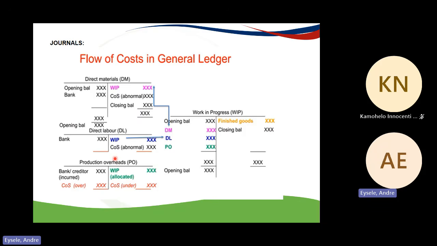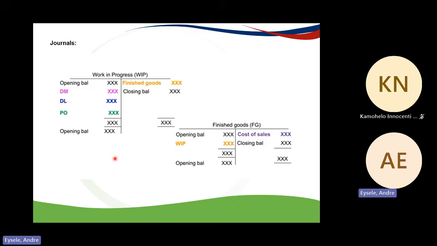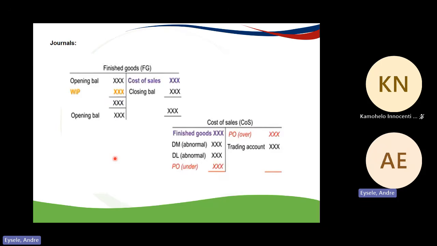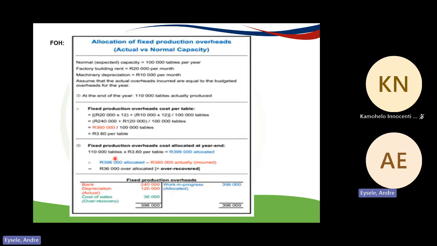It's just to explain how you take your direct material and direct labor to WIP, your production overheads to work in progress, then you get your finished goods allocated to cost of sales, and those are the journal entries. You do not need to take photos or write them down. These slides are already on your My Module site. Now let's look at an example of actual versus normal capacity to see exactly what is required of you.